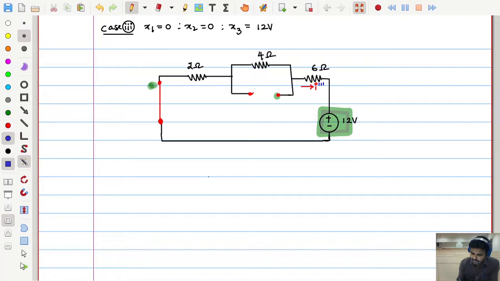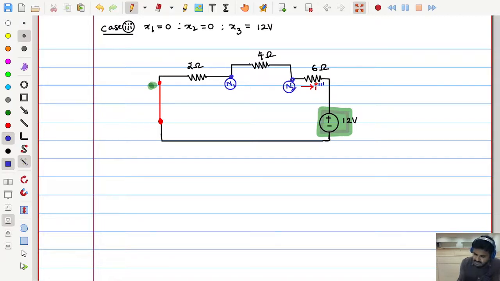Now let us see what this I triple dash will be. You can see simply 2, 4, 6 are connected in series. Why? Because if you observe this, this is simply a wire, so it is equivalent to no wire. So this is one node N1, and this is one more node N2, at which only two elements are connected: here 2 and 4, here 4 and 6.